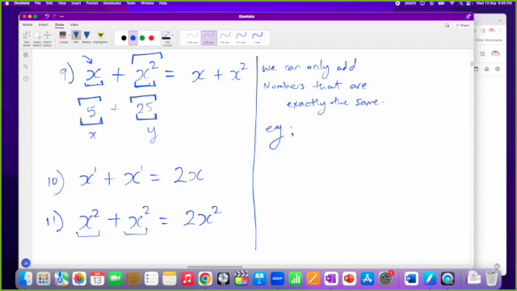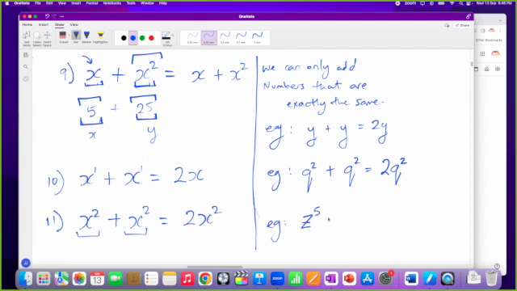Example, y plus y is 2y. Or q squared plus q squared will give me 2q squared. Or z to the 5th plus 2z to the 5th will give me 3z to the 5th.